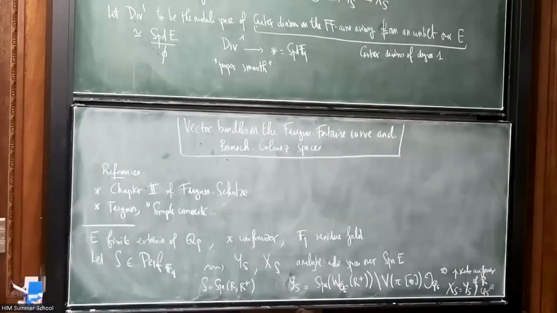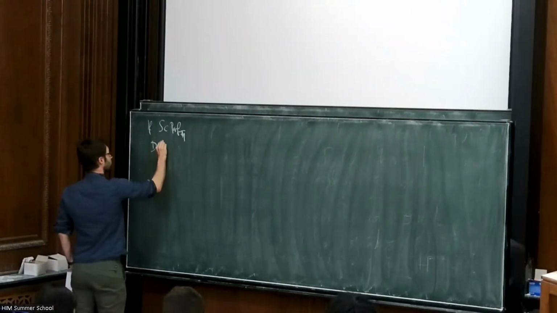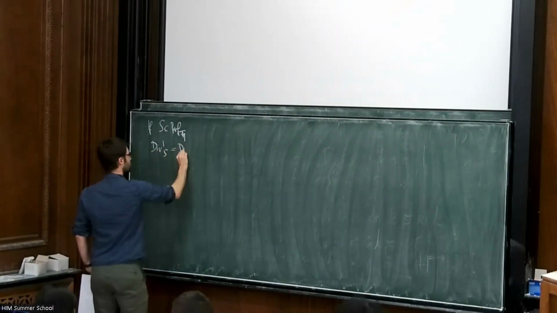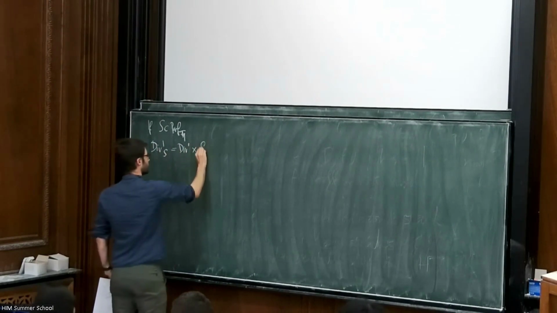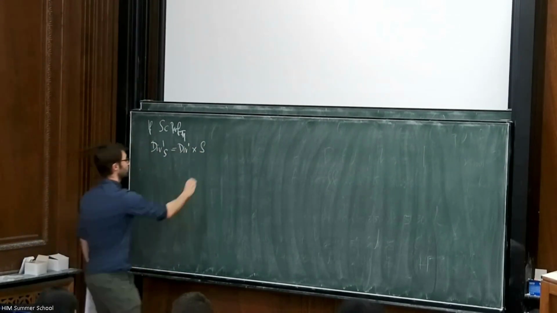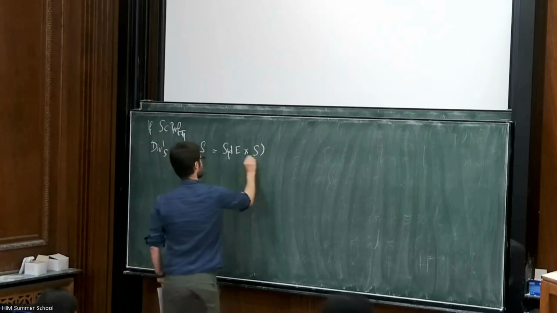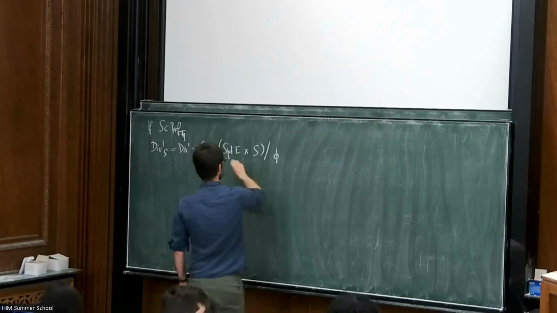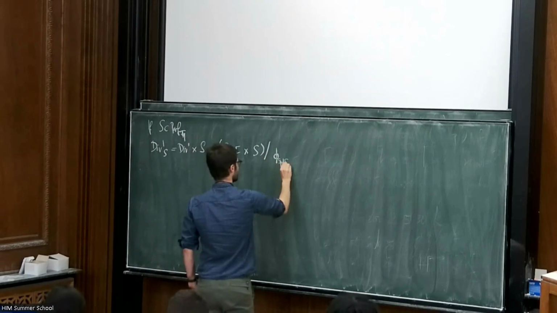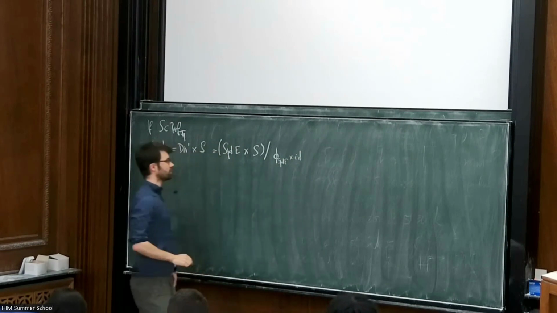The difference between the two is just a difference about which Frobenius you are using. So if S is again a perfectoid space over FQ, then div1S, which is, by definition, the product of div1 with S, is, by the formula I gave, just spa dE times S, where you mod out by the Frobenius of spa dE times the identity.